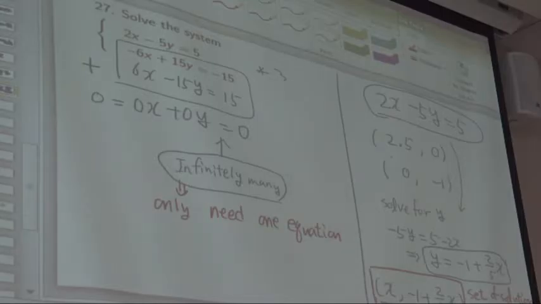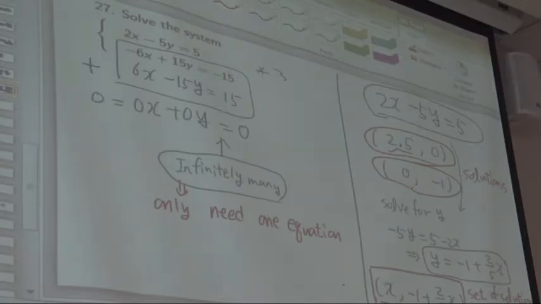So when you plug in 2.5, we get y as 0. So (2.5, 0) is a solution. Now when x is 0, we get y equals negative 1. So this is also a solution. In general, this is the set of all the solutions.